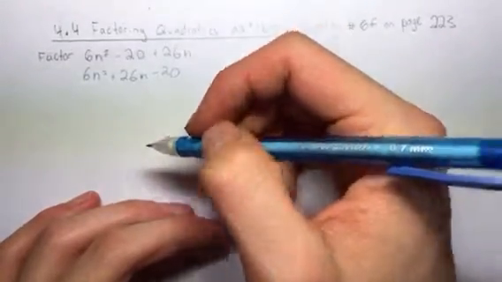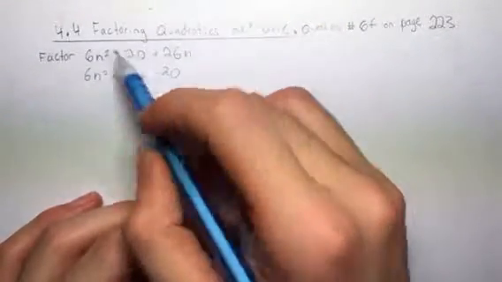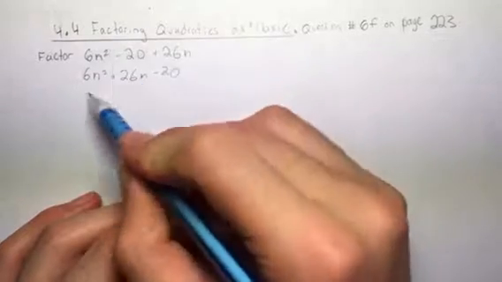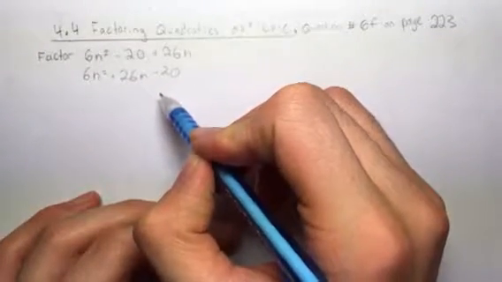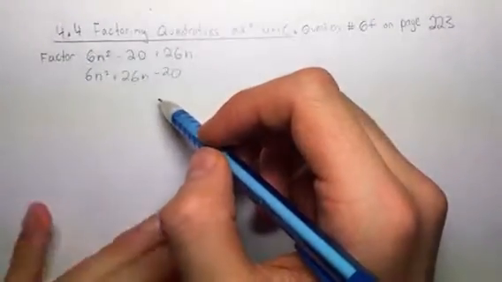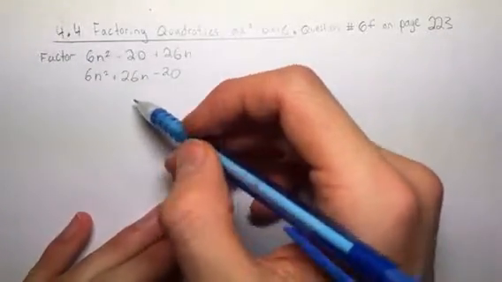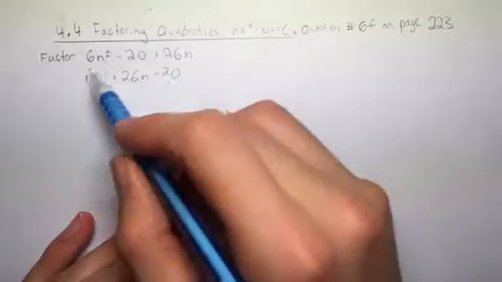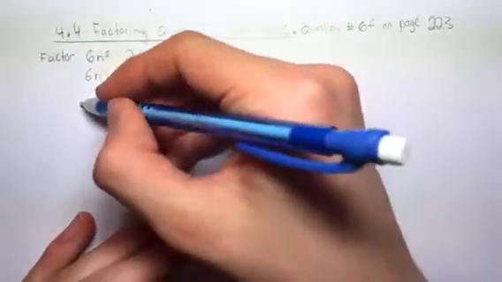So first, I'm going to look at what is the greatest common factor I can pull out of this equation. In this case, the greatest common factor that I could pull out is 2. So not n, because not all of our numbers have n, so just 2.